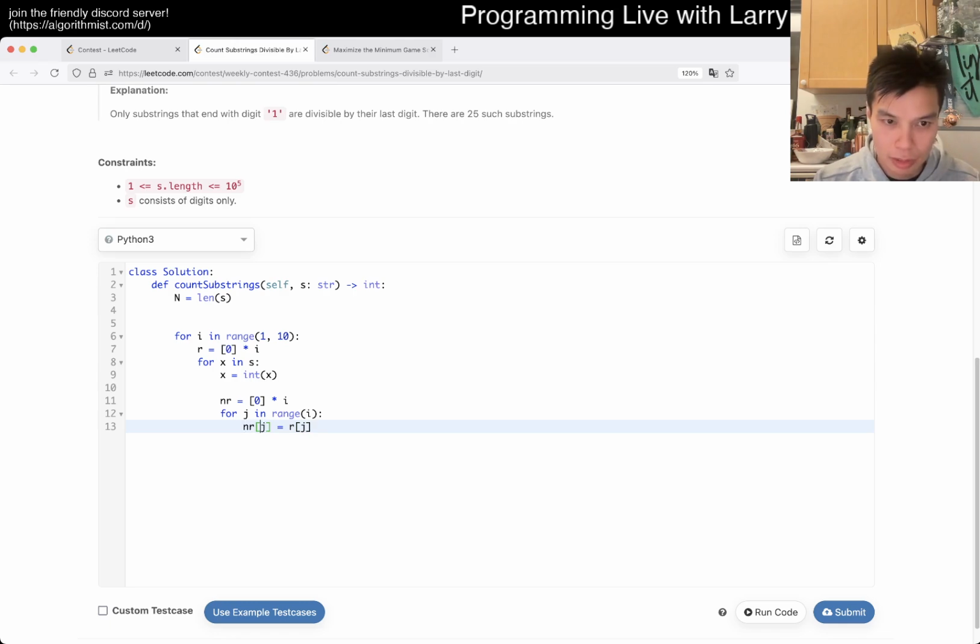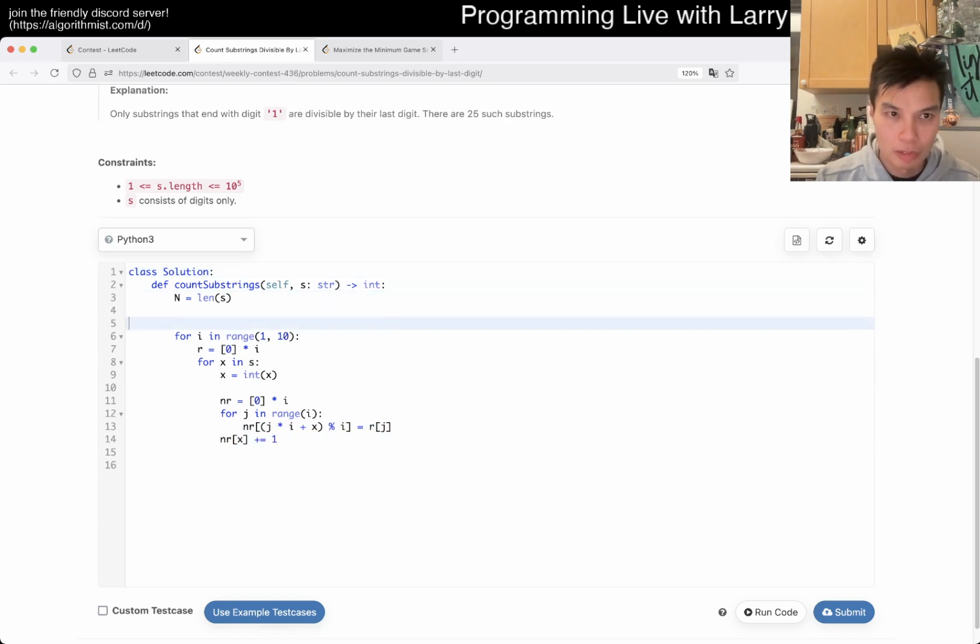So this is j times I plus x mod I. So this is the number of new R, and then new R of x increment by 1.